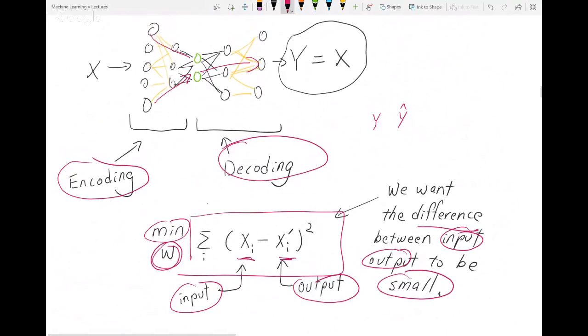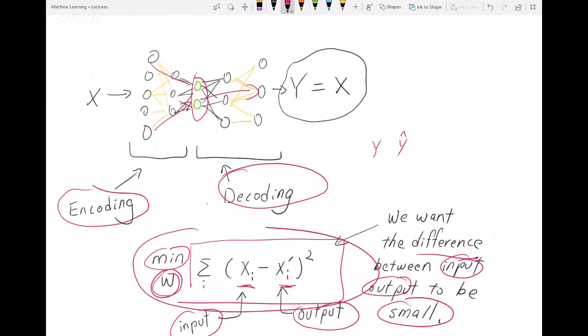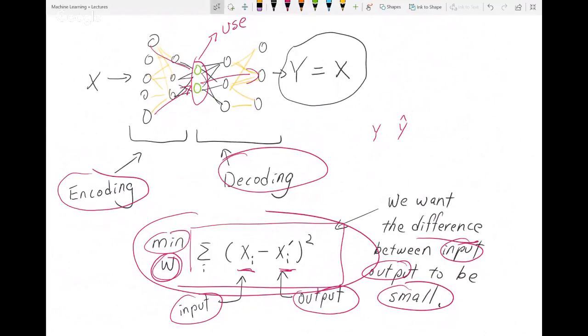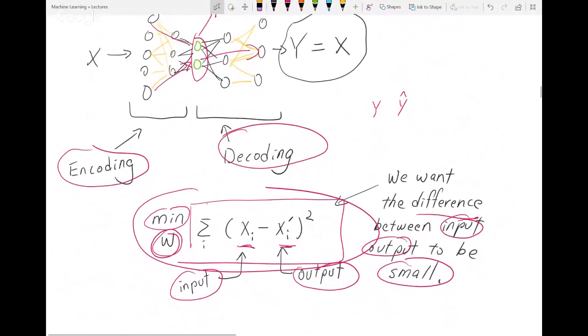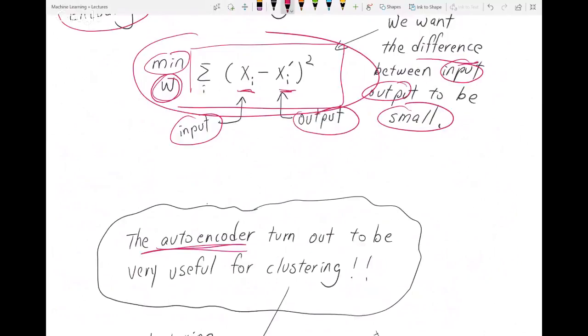And once we have solved this, we take this layer and use it. It gives us a very compressed version of the data. And this concept of autoencoder turns out to be very useful for clustering.